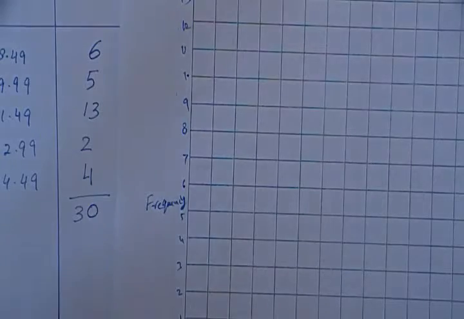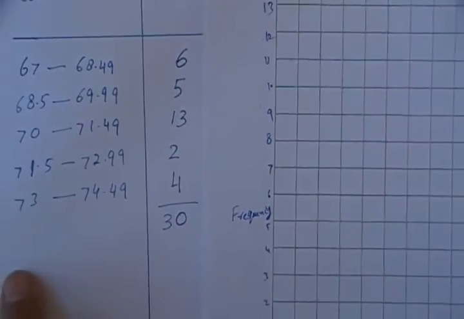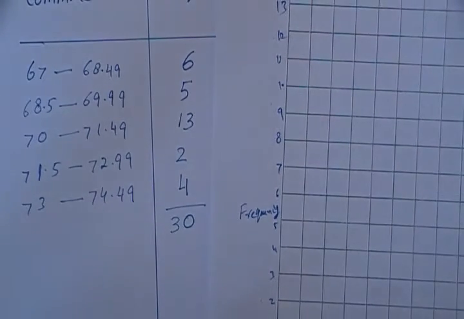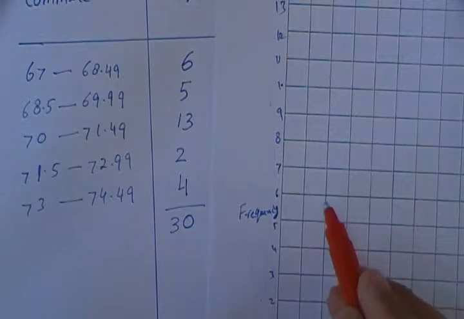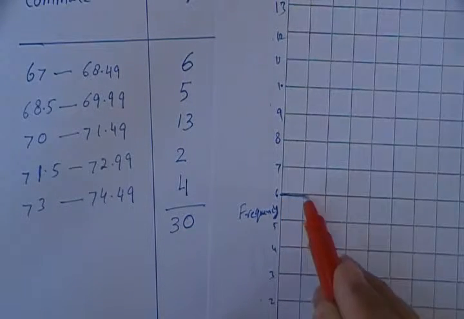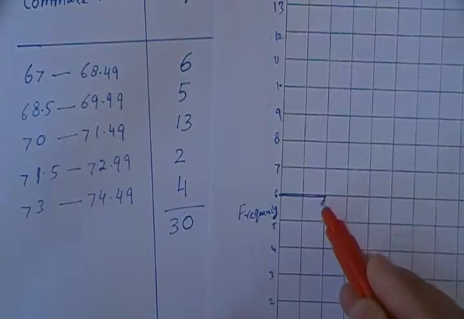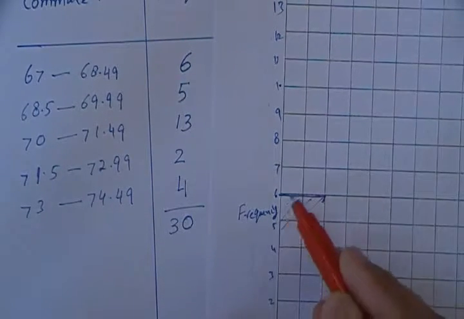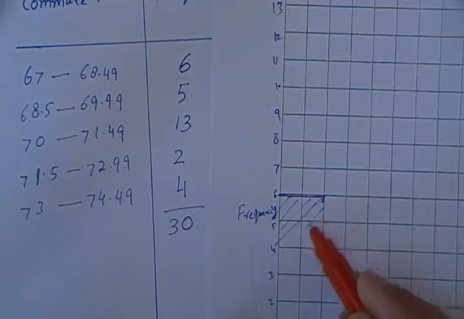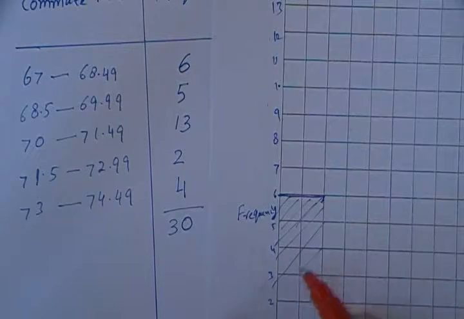Alright, our first class has frequency 6, so our first bar should have a height of 6. This till this is 6, so it should have this height here. You can then highlight it, either color it or put lines here.